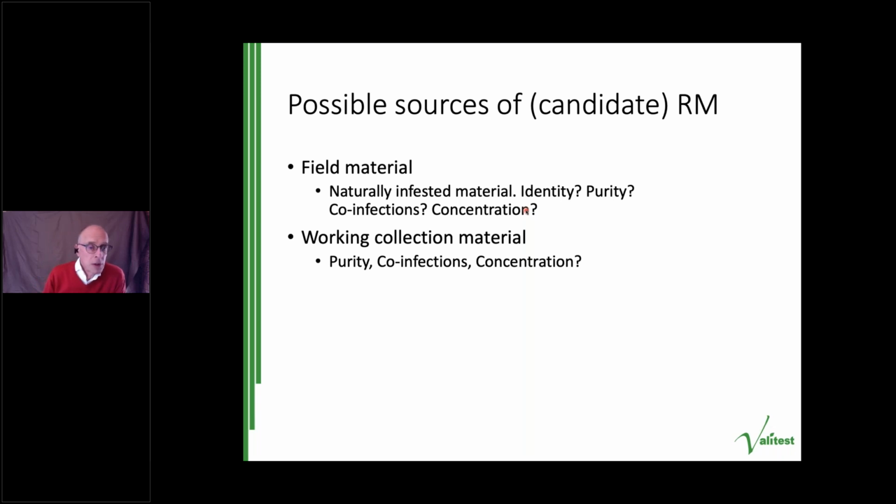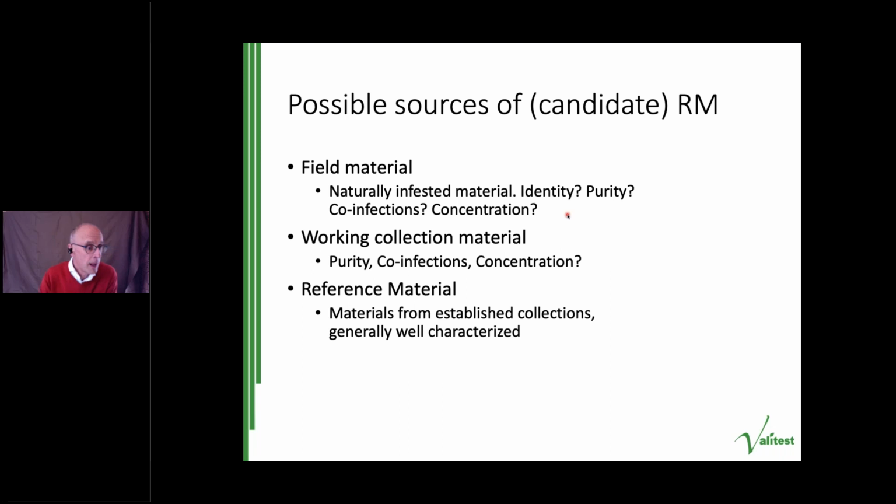Working collections are collections that are present in individual laboratories or with individual researchers that people actually use in their own research, right? Usually it's fairly well identified, but there can still be questions on whether it's really pure. What else is in there? Are there co-infections? Are we really sure about the concentration and stuff like that?